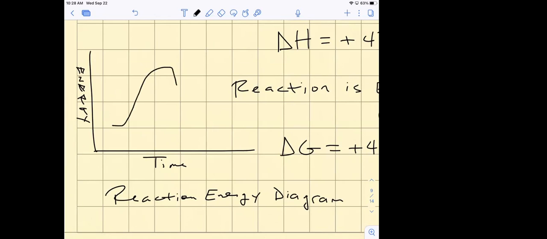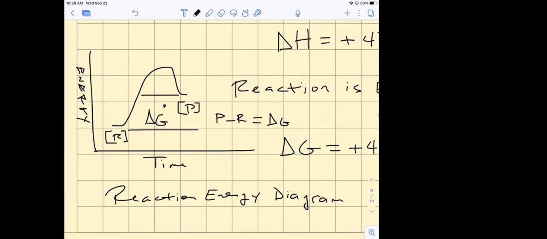If it is exothermic, what that means is that the product energy is higher than the reactant energy. That's what that means. So the gap here between product and reactant, that is your delta G value, your Gibbs free energy. And you calculate that by the products minus the reactants.